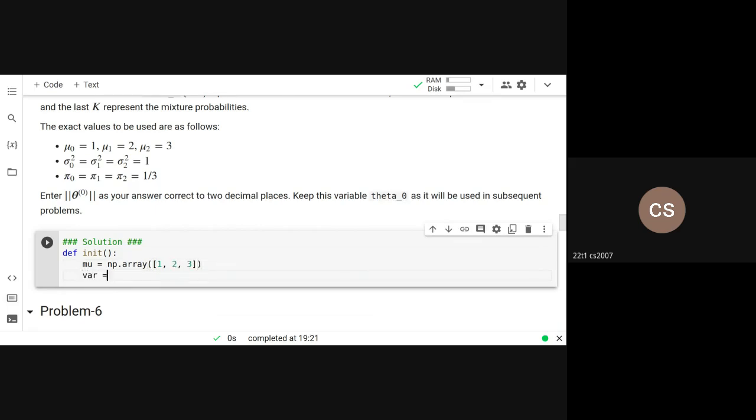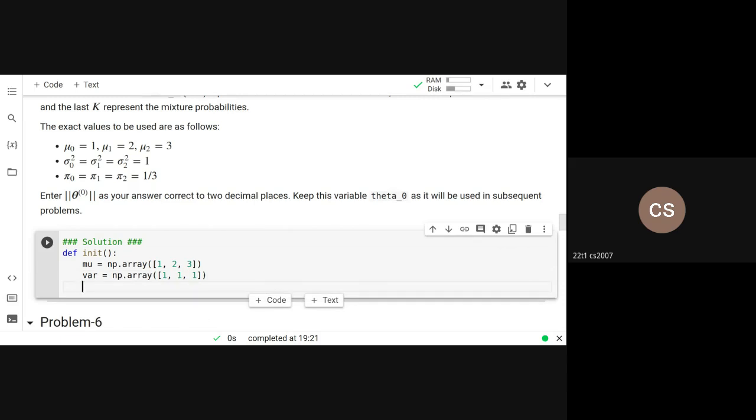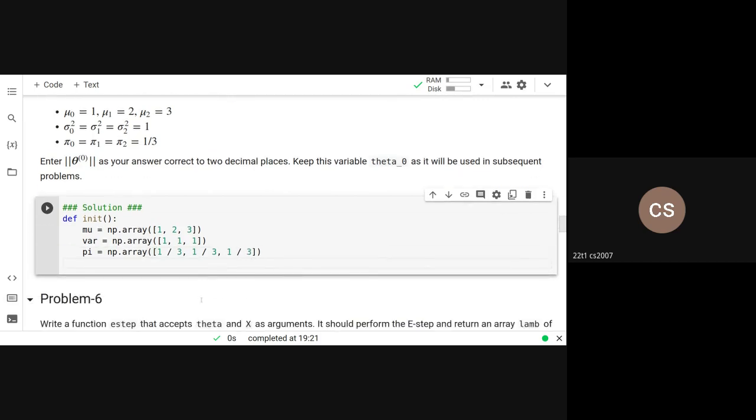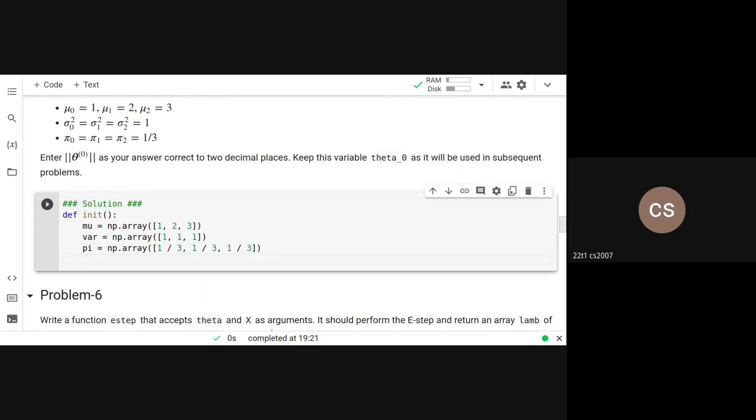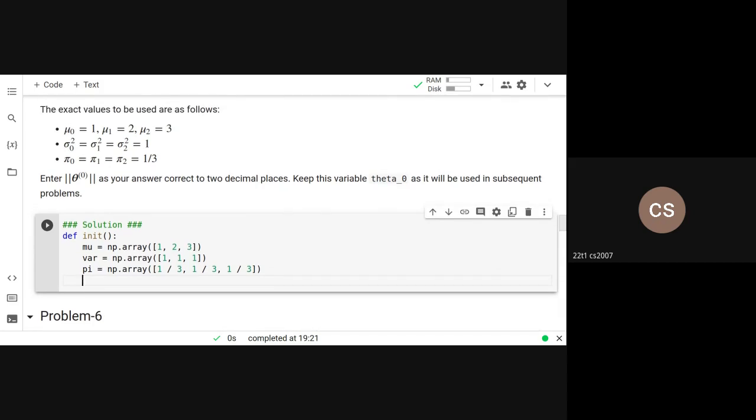And variances, I will make them 1 each. And pi's, to begin with, I don't know what they'll be, so I'll just assume that they're all equally probable. So it is 1 by 3, 1 by 3, 1 by 3. Is it okay for everyone what initialization we are using?